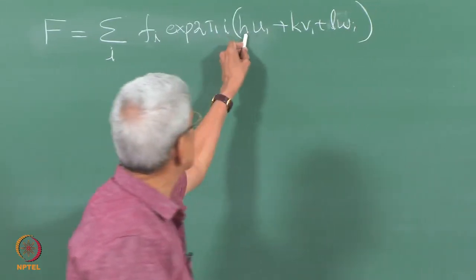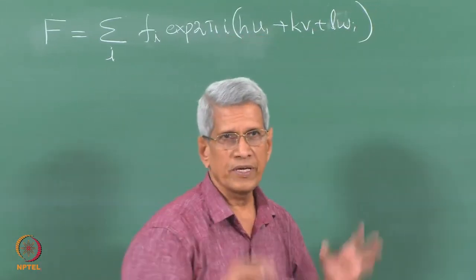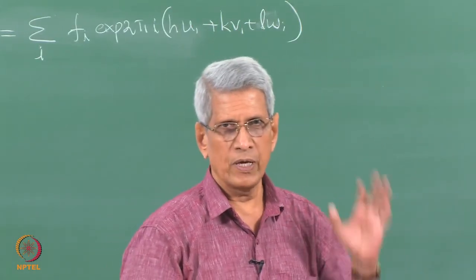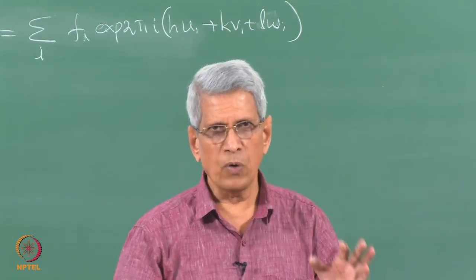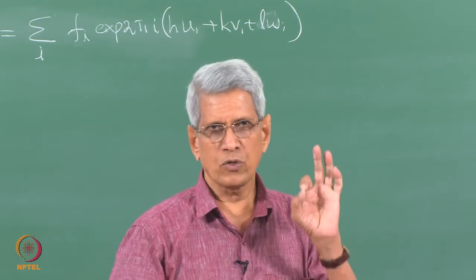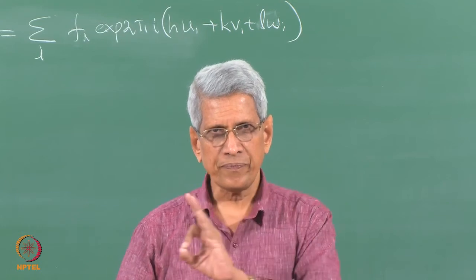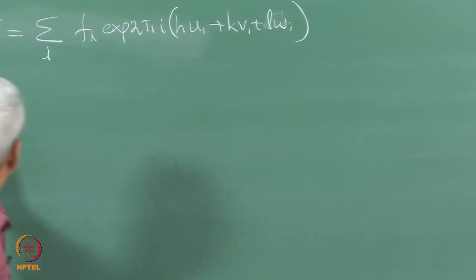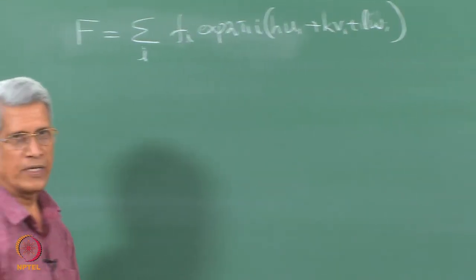Here h, k, l represent the specific plane which is contributing to the diffraction. For that plane, we sum over all the atom positions, and that gives the total contribution. That is what the structure factor amplitude gives.